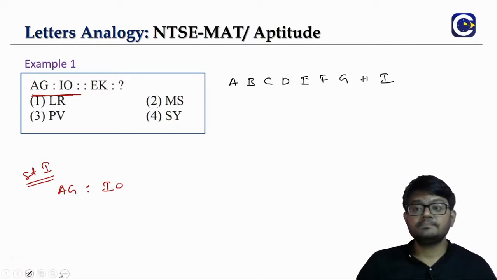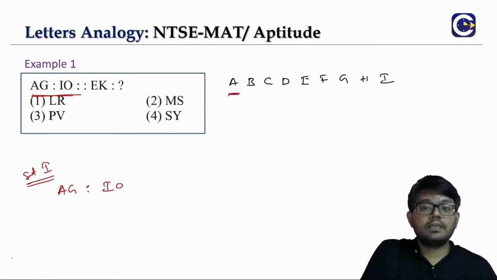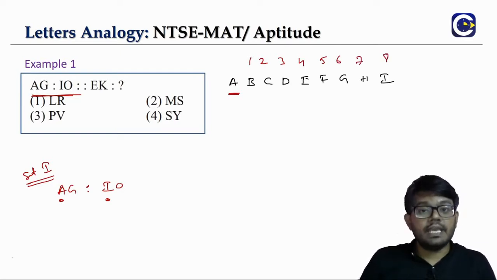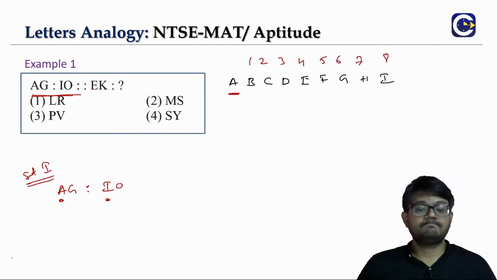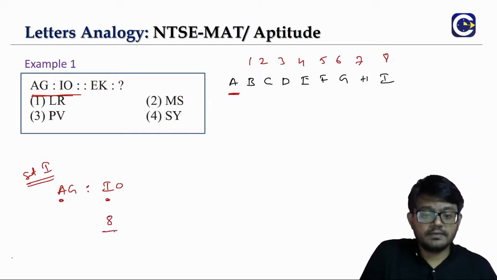Starting from A, we have to relate A and I. 1, 2, 3, 4, 5, 6, 7, 8. So after A, it is the 8th letter. Let us keep it.